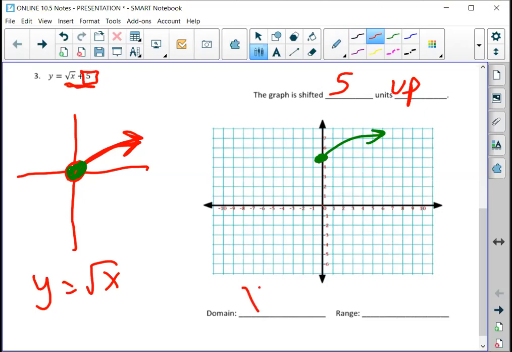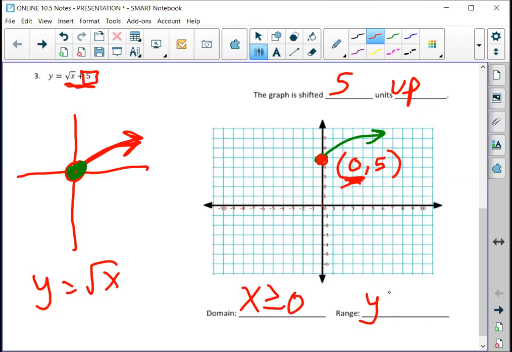Remember, the domain is our x's, the range is our y's. We're always going to use this starting point as the guide. So that starting point has an ordered pair of (0, 5). For the purpose of all of the graphs in this Algebra 1 class, it's always going to start off as x is greater than or equal to, and we're just going to use the x coordinate. In this case, that's 0.